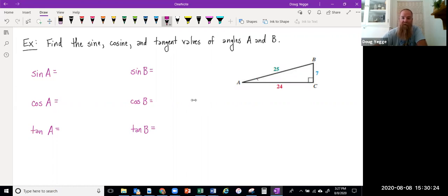So let's take a look first at angle A. So by looking at angle A, sine of A is the opposite side over the hypotenuse. So when you take a look at that ratio, it's simply 7 over 25. So notice that 7 over here was the opposite of A.